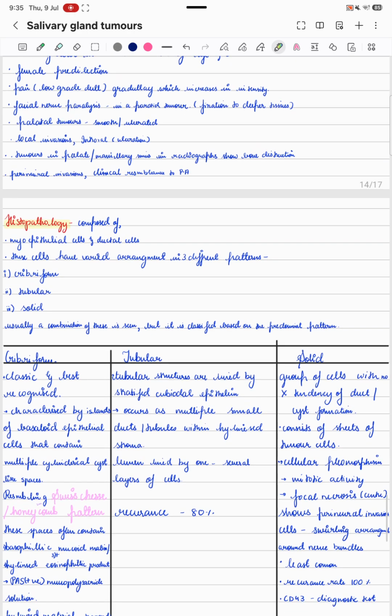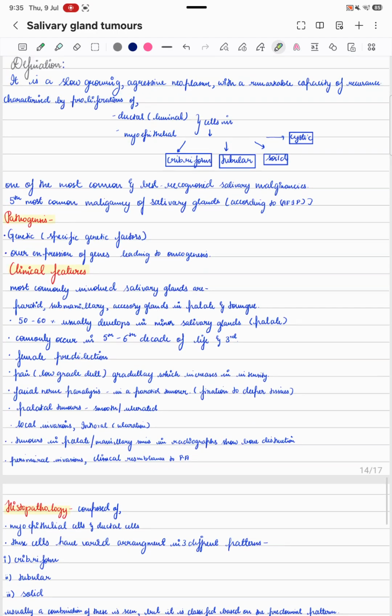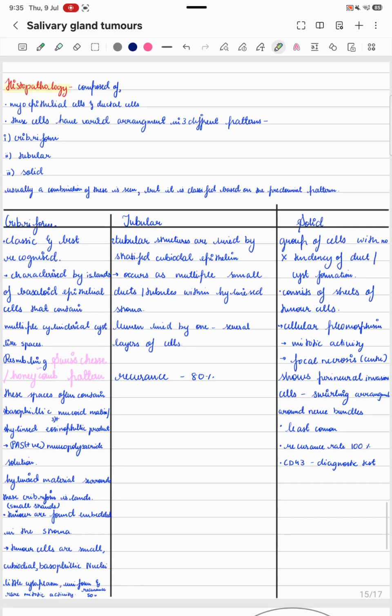Usually a combination is seen, but it is classified on the basis of the predominant pattern. The cribriform is classical and best recognized.